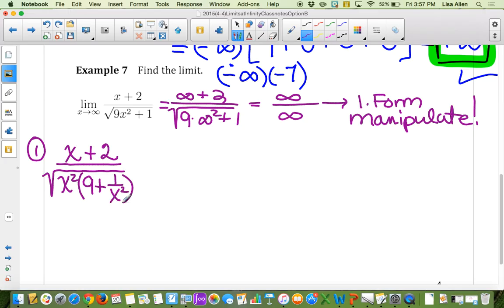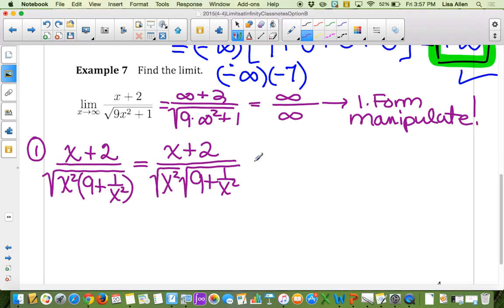Okay. So then I'm going to take this, and I'm going to say, okay, that's x plus 2 over the square root of x squared times the square root of 9 plus 1 over x squared, which is then equal to x plus 2 over the absolute value of x times the square root of 9 plus 1 over x squared.